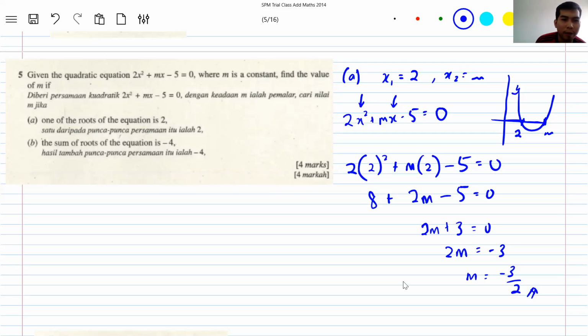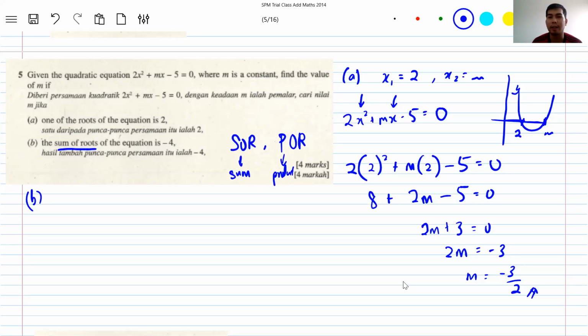And then we move on to question 5b. This one deals with the sum of roots. So in Add Math, we learned something called SOR and POR. SOR is the sum of roots, and POR is the product of roots.